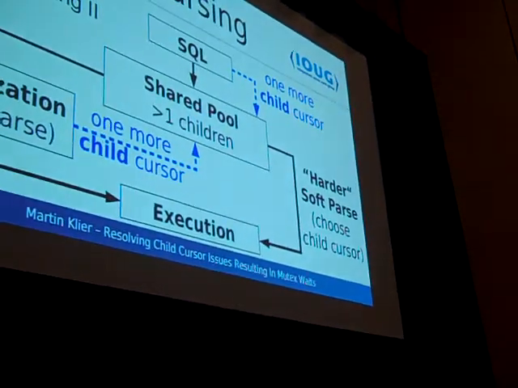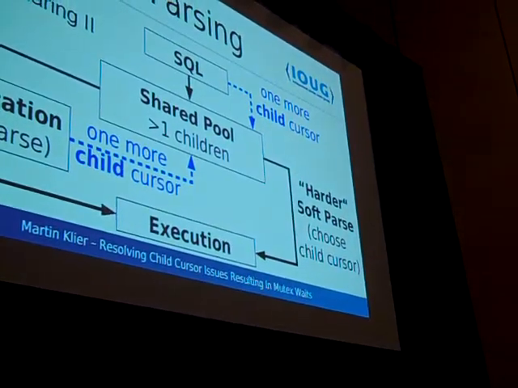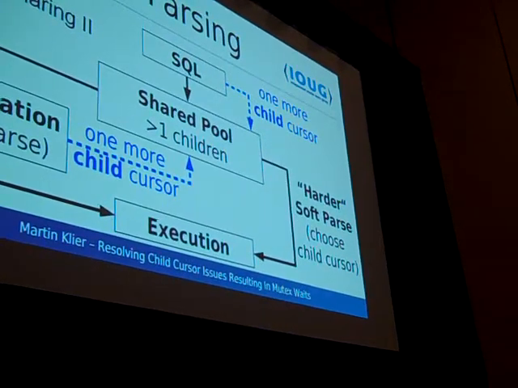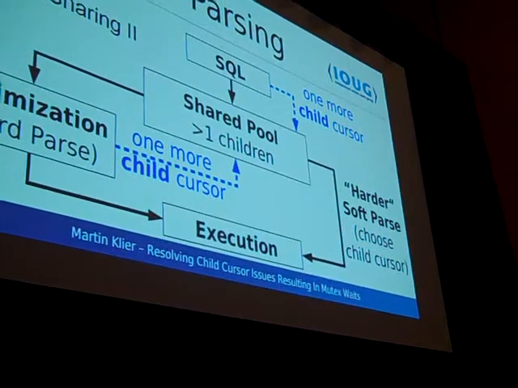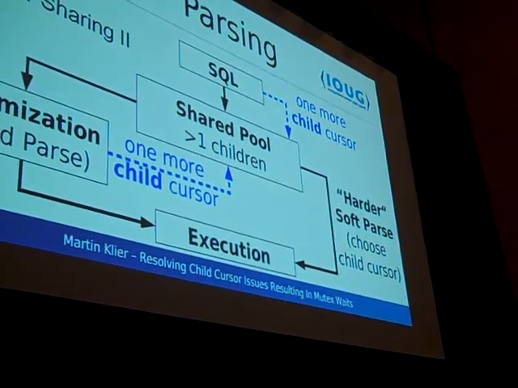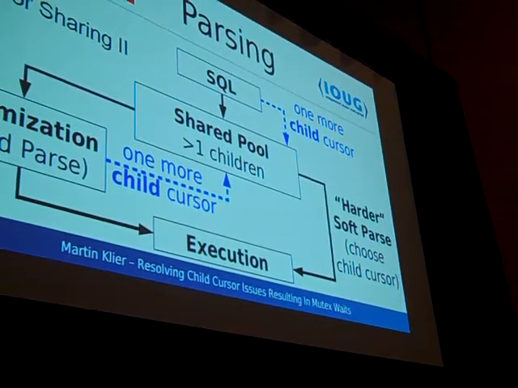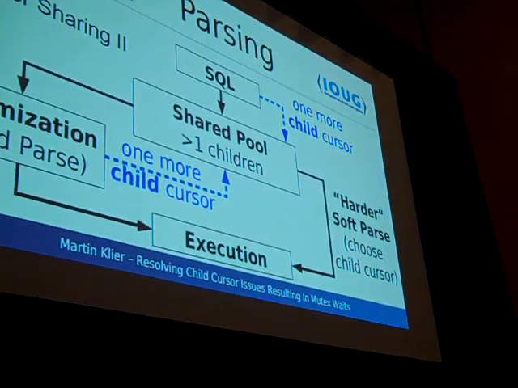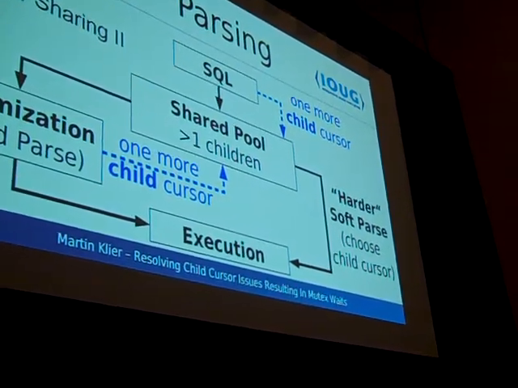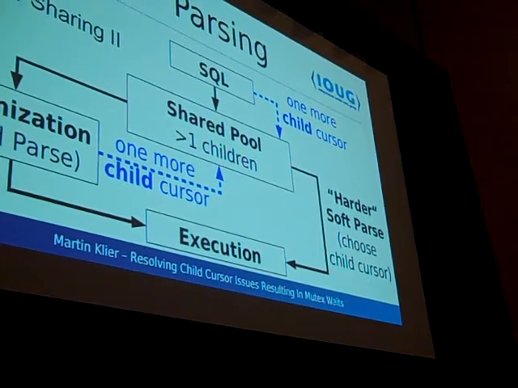And the harder soft parse involves bind peeking again, because we have to look up the selectivity of the given bind variable. And from the point in time when you have more than one child cursor for bind mismatch, for cardinality feedback or other reasons, you are always doing a harder soft parse.